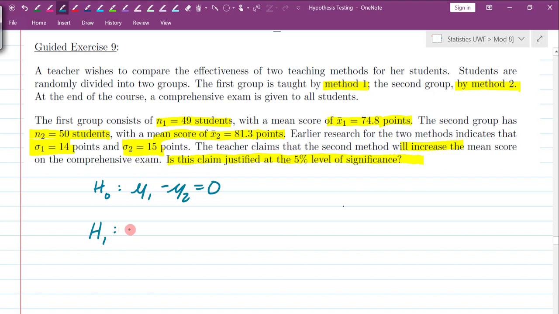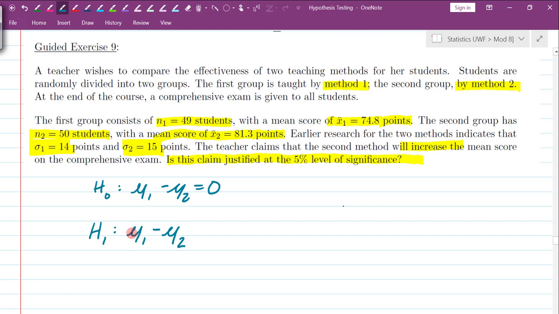Let's look at the alternate hypothesis. What should this be? Mu1 minus mu2 equals what? Less than 0, greater than 0, or not equal to 0. Well, if the teacher claims that the second method will increase the mean score, that means I'm expecting mu2 to be a larger value than mu1.